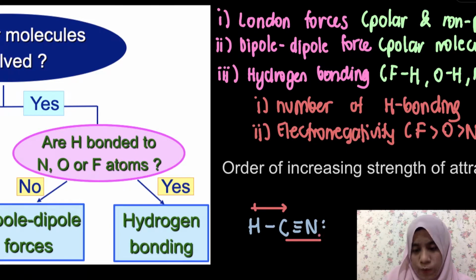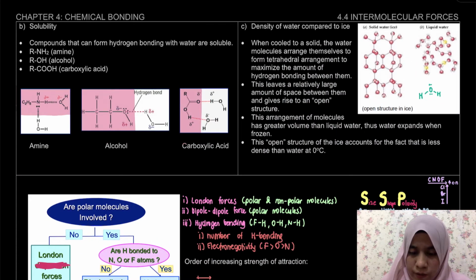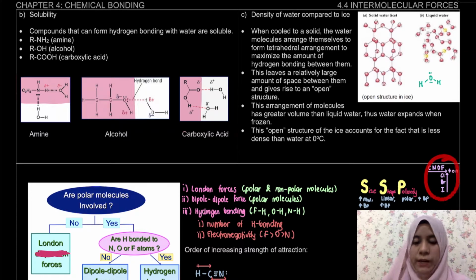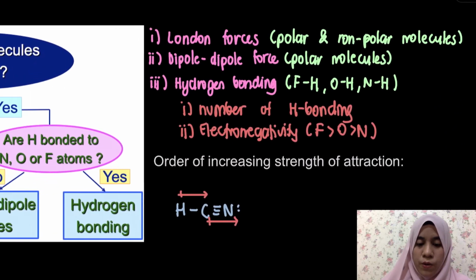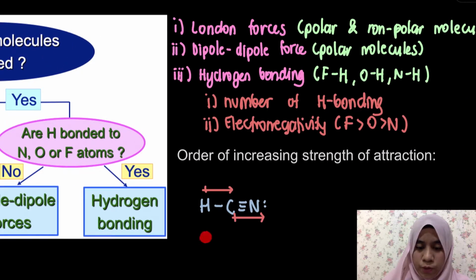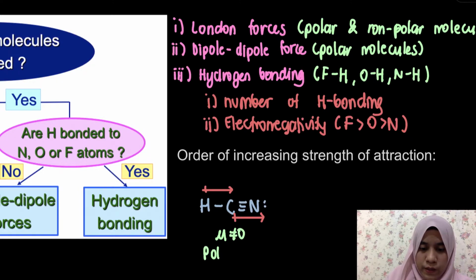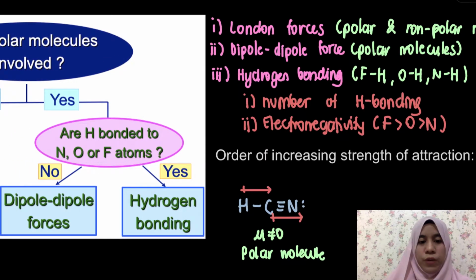So my head will be towards nitrogen and my tail will be carbon. You can check the arrangement using SNOF. So the overall dipole moment will be towards your right. Here, mu is not equal to 0, hence it is a polar molecule.